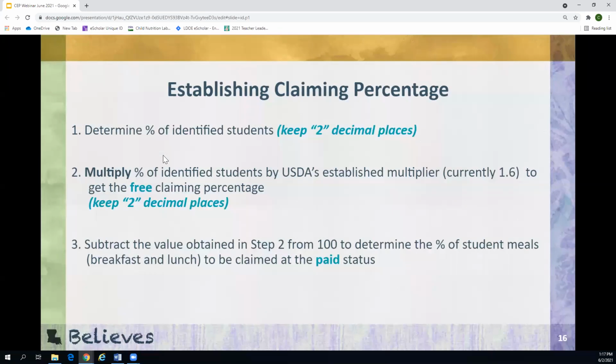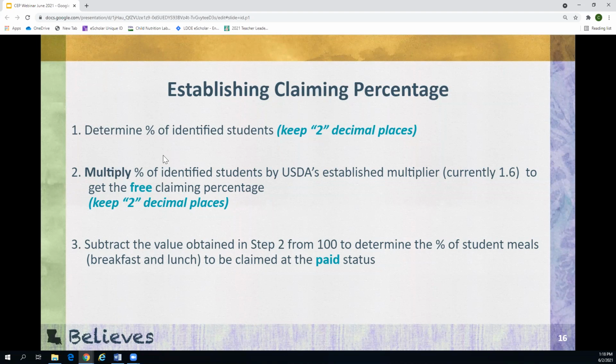So after we determine our identified student percentage, we then would want to determine how we're going to claim these meals. So what is the percentage that we're going to use for actually claiming our free and paid meals using CEP? So to establish our claiming percentage, we're first going to determine the percentage of identified students. You're going to keep that to 2 decimal places.